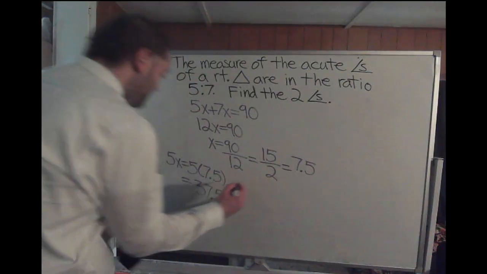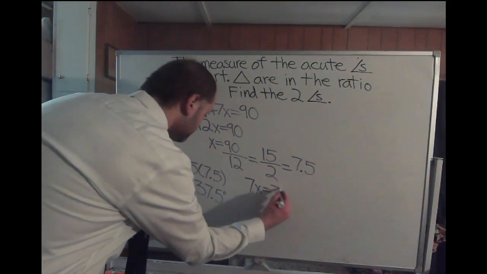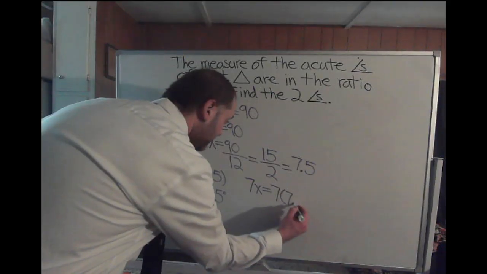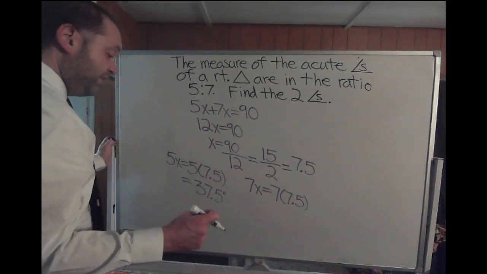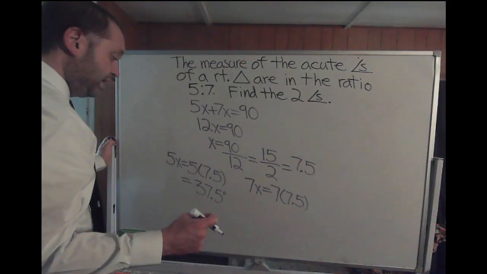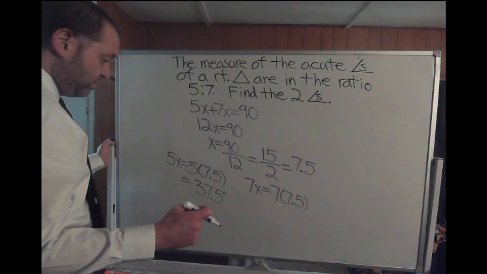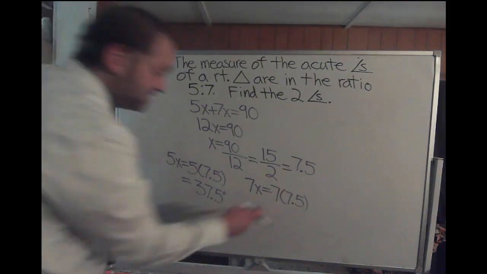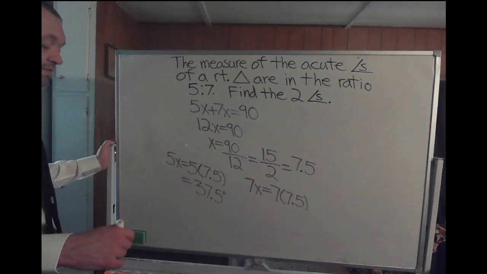Then go ahead and take your 7x, which would equal 7 times 7.5, 56, 49. Halfway between those would be what? 56 and 49, so that'd be 3.5, that'd be 52.5.